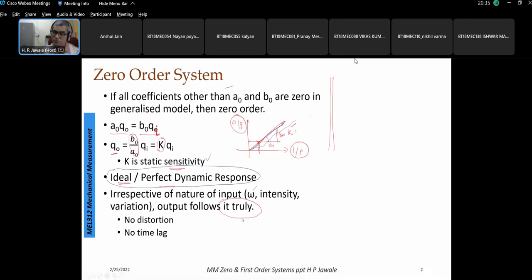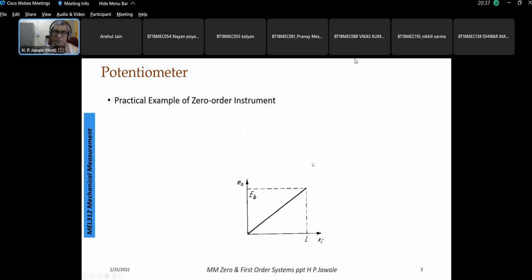So this also we have seen. Then we have seen the example. Potentiometer is nothing but a simple example of a zero order system where the output EMF is proportional to the linear displacement of the slider, and that is what we have seen in our practicals also. Right. So this is a little repetition of yesterday's class.